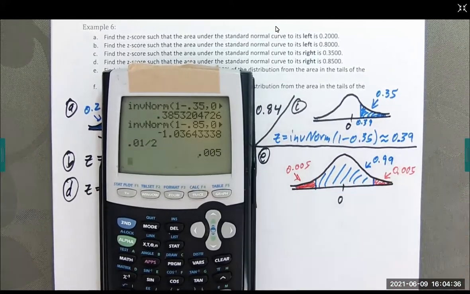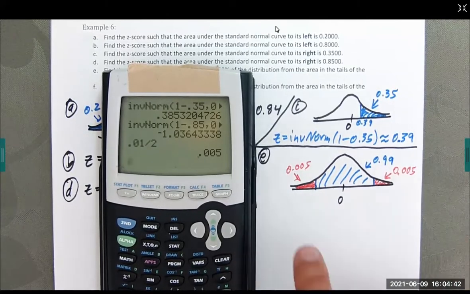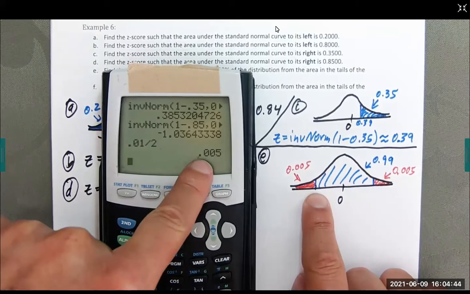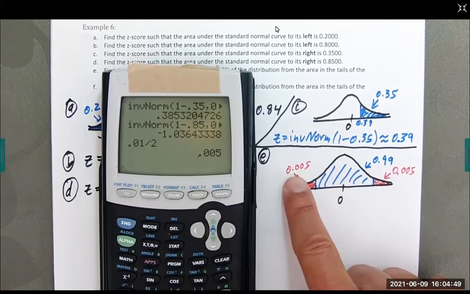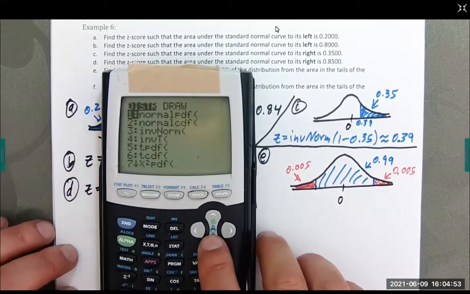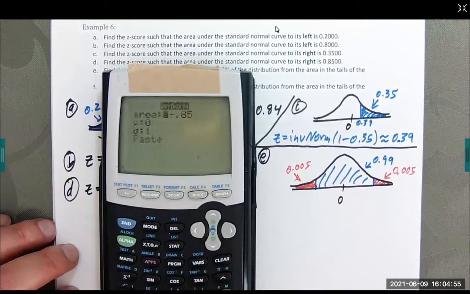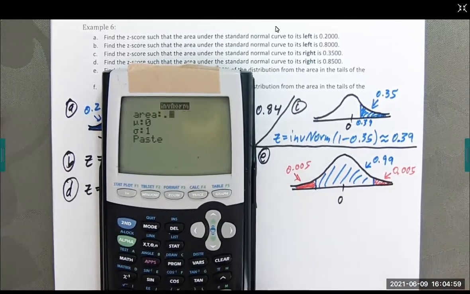0.005. Now, we do a lot of 0.05s. You have to have that extra 0 under 0.005 for this one. So area to the left here is going to be 0.005, no problem. Area to the left here is going to be 0.99 plus 0.005. We'll get to that. All right, so for this first one, we're at 0.005, and that's going to give us a negative value.